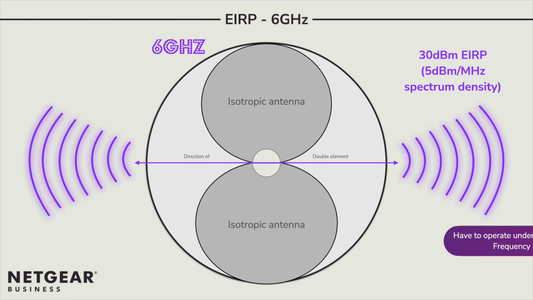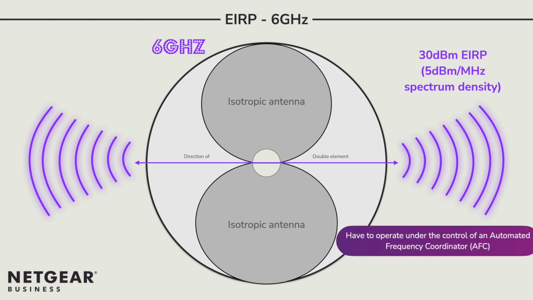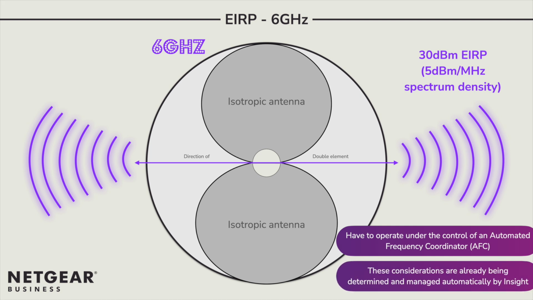They all have to operate under the control of an automated frequency coordinator, or AFC system, which assigns a list of frequencies to the access point based on its location. This mitigates the interference with incumbent systems. It's pretty technical stuff, especially as the frequency band increases, but most of these considerations are already being determined and managed automatically by Insight and the access points themselves.